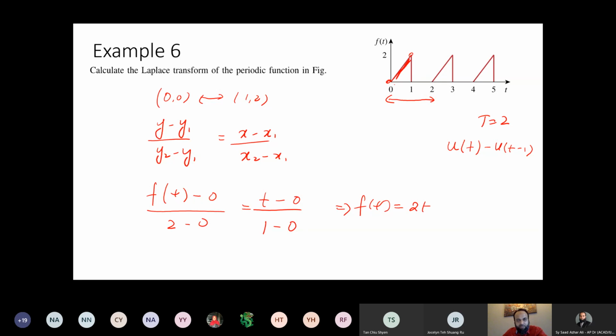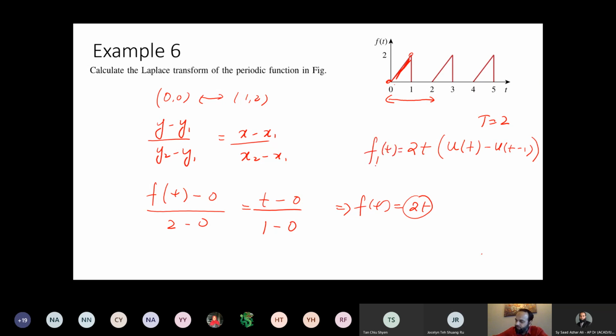Okay, you can use any method. This is what I like, but if you have another method, and once again, I'm not teaching equations or graphical representation, whatever method you like, you can use that method, right? So the function is basically 2t. We multiply this here, 2t u(t minus 1). This is f of t.